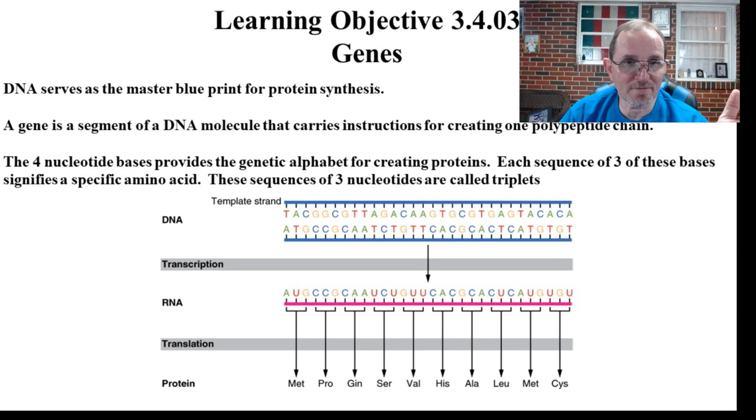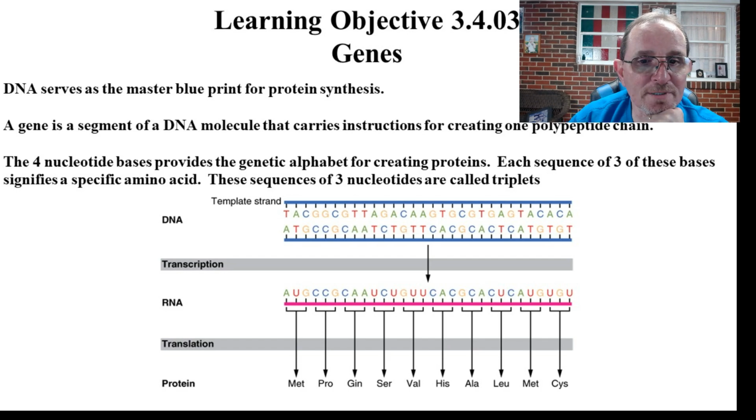We already talked about the 4 letters making up 3-letter words, those codons, they call them triplets. So here we see the DNA. They call this the template strand. This is the one that we're going to actually copy. But the copy we get is going to look like this one, except for the U's and the T's being changed. But the template strand is the one that we're going to copy for RNA, and you can see there's TAC, which is going to be the AUG codon, the start codon.